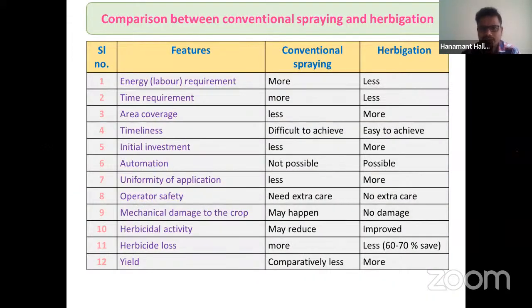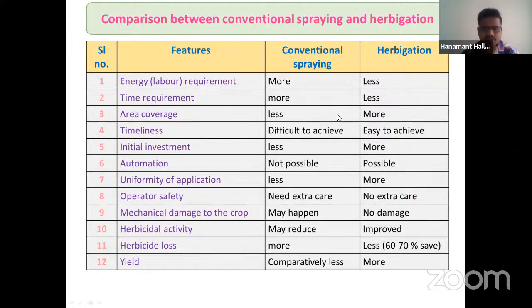So if you look at the difference between conventional spraying and herbigation, what I just explained. If you consider the energy, that is labor requirement, in conventional spraying it is more, but in case of herbigation it is less. The time requirement is more in case of conventional spraying and less in case of herbigation.